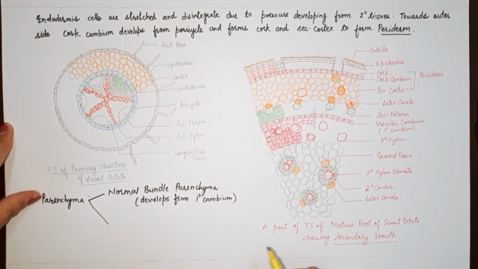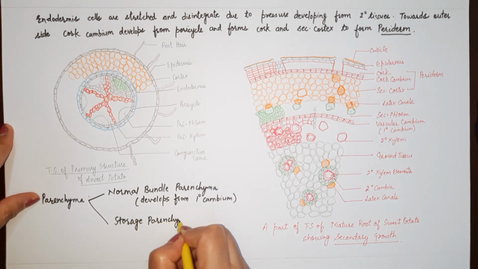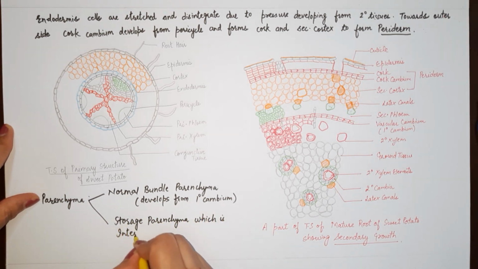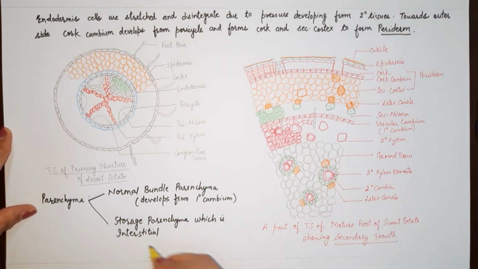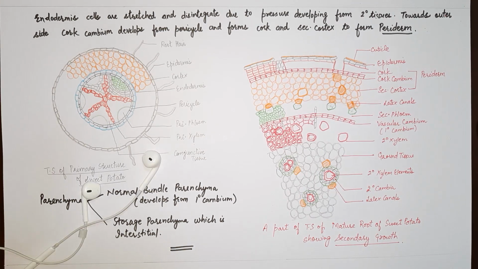And the second type of parenchyma is the storage parenchyma, which is interstitial. Interstitial means present in between the secondary elements. This is called the storage parenchyma. So that is all about the secondary growth or the secondary structure of sweet potato root.